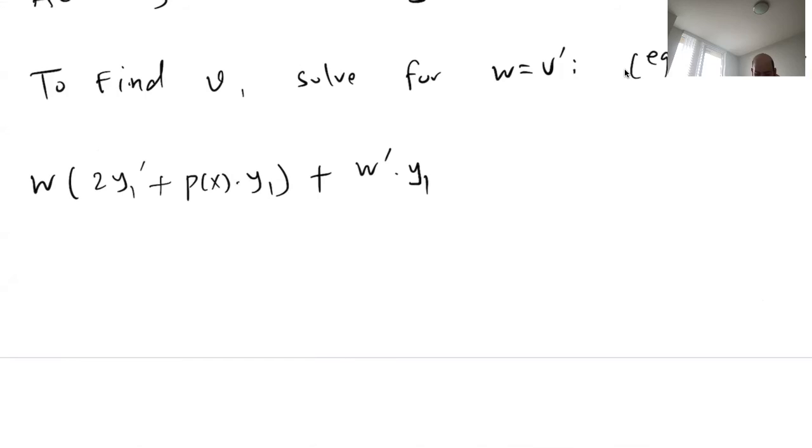And then y1 is e to the power minus b over 2 times x.